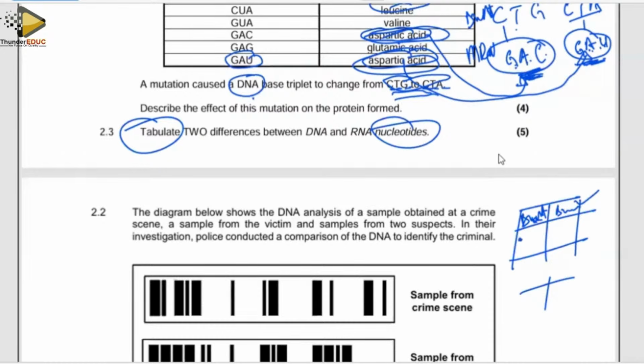Then the points: DNA has deoxyribose sugar, RNA has ribose sugar, you get a mark. DNA has thymine base, RNA has uracil base, you get another mark. That's all. Whenever they ask you to tabulate, don't just draw a table because you want to finish and leave, which is wrong. You are messing up your life.